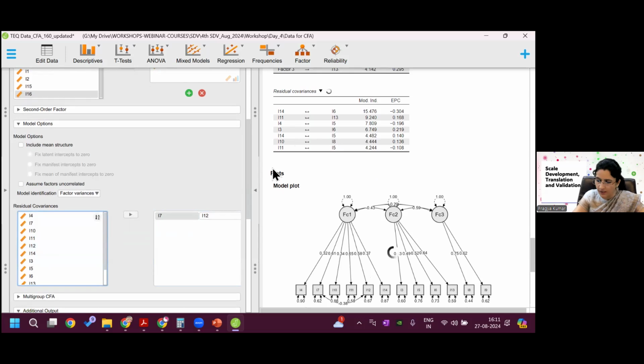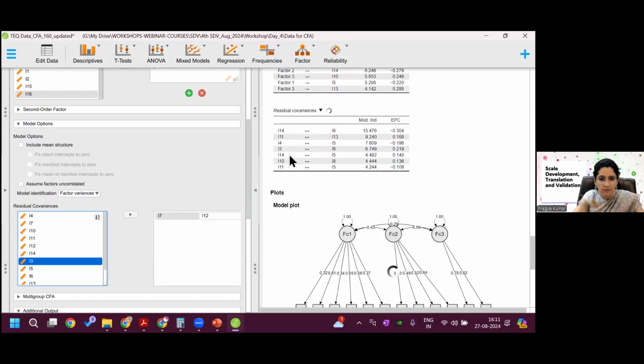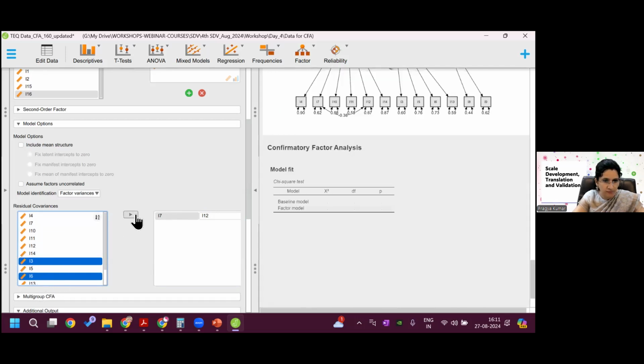No, 3 and 6 will be different, no? 3 and 5 we have, 3 and 6 we have, both are there. So 3 and 6, that I move together.